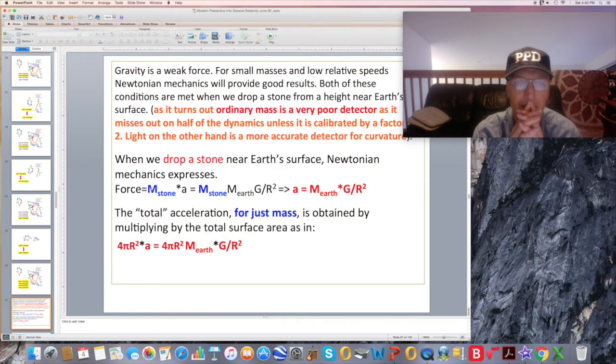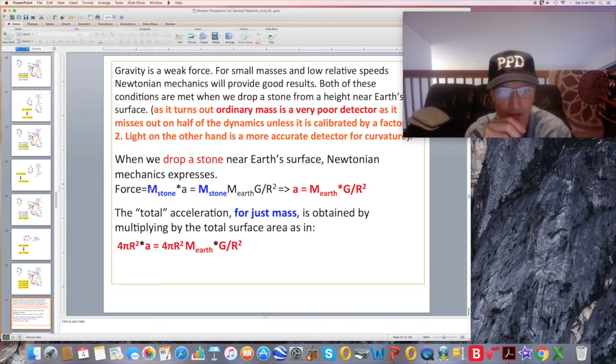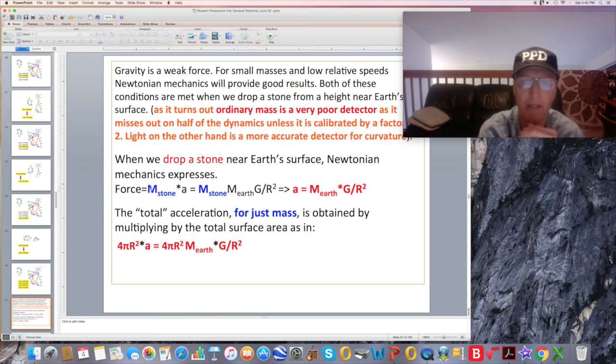Then I cancel out the m stone to get A on one side, and what I get is the expression on the right-hand side: the acceleration is equal to the mass of the Earth times G divided by r squared.